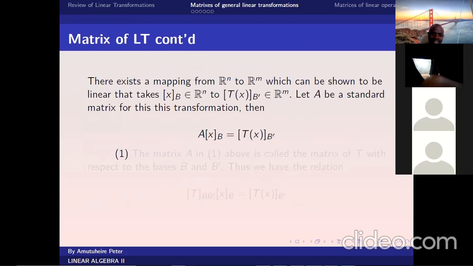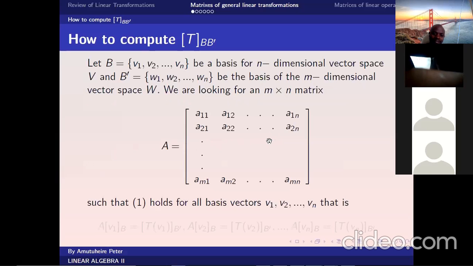Equation 1 is telling us that when we get that matrix times any vector x in V with respect to the basis B, it should give us this vector Tx in W with respect to the basis for W. So this is such that equation 1 holds for all basis vectors V1 up to Vn.